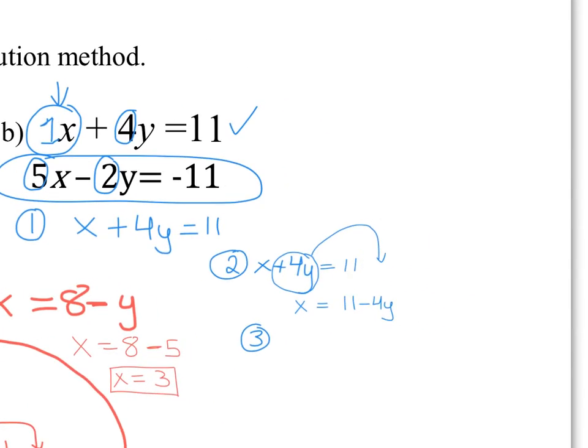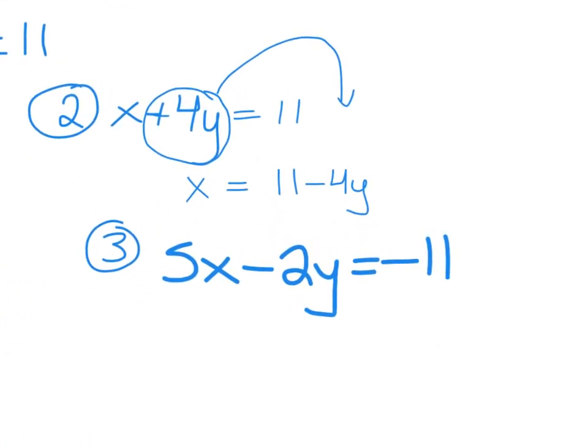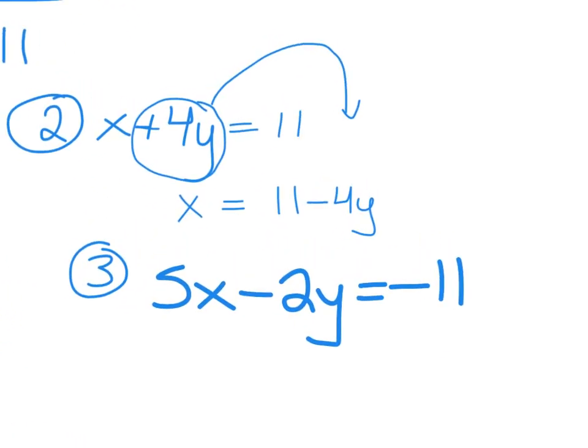So for the third step, 5x minus 2y equals negative 11. And I'm going to substitute the variable that I solved for. So I know that x is 11 minus 4y. And this 11 minus 4y goes together. So if it goes together, that means I need to put it in brackets.